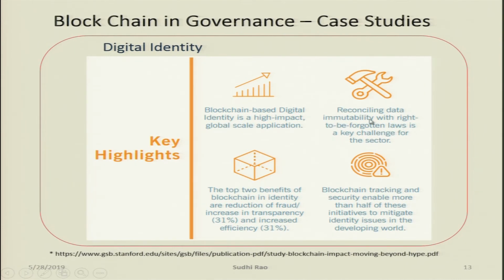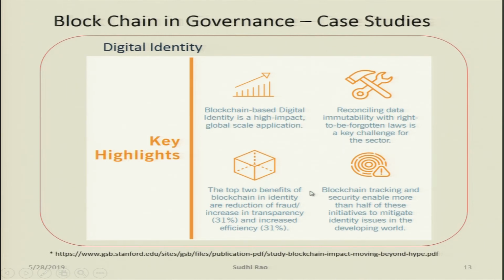Data immutability means data cannot be changed, but many countries provide the right to be forgotten, that after 10 years my misdemeanor from 10 years back, my getting a speeding ticket, should be forgotten. That blockchain will not allow by nature. So, how do we adjust the two is a key challenge for this sector.